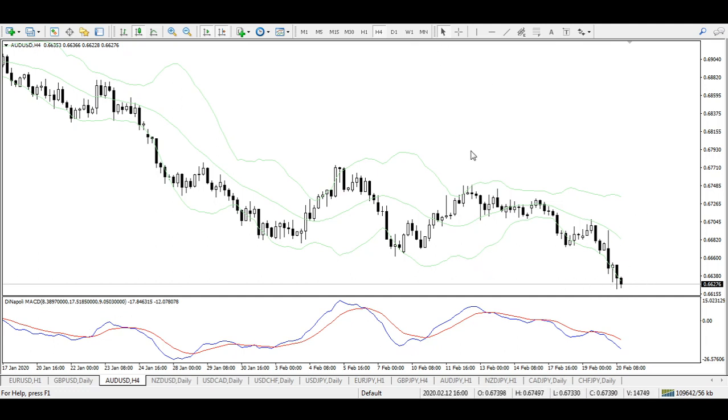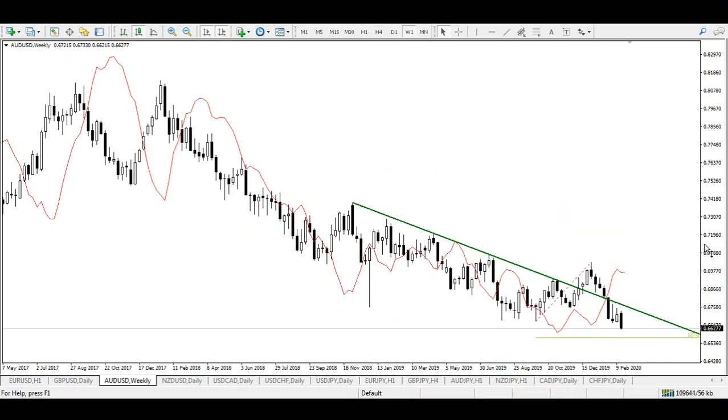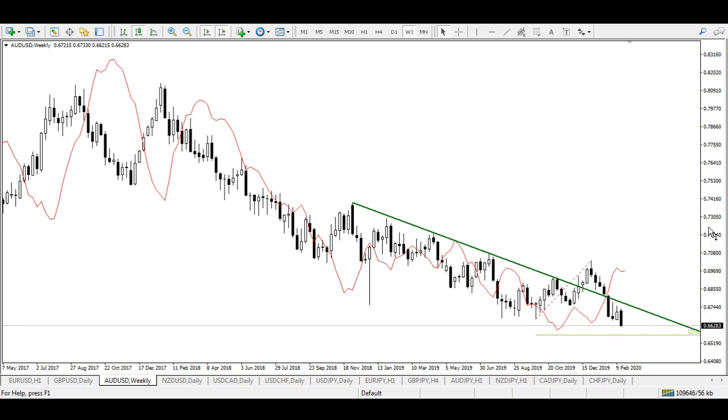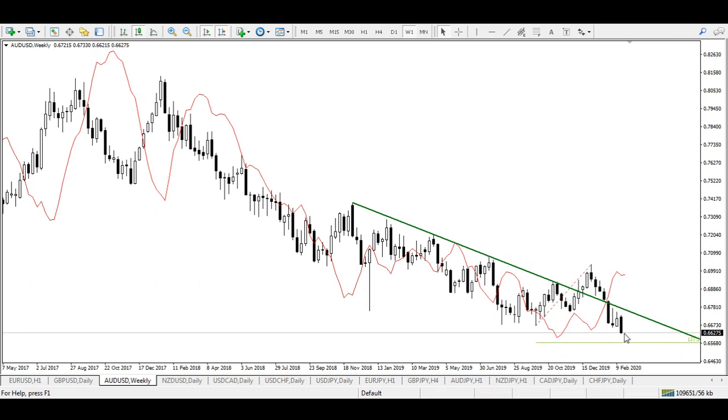So longer term picture obviously is bearish, but there is one minor hope that can perhaps cause AUD USD to go back, not right from here, maybe before the end of month. AUD USD will reach this 127.2% for recent retracement.